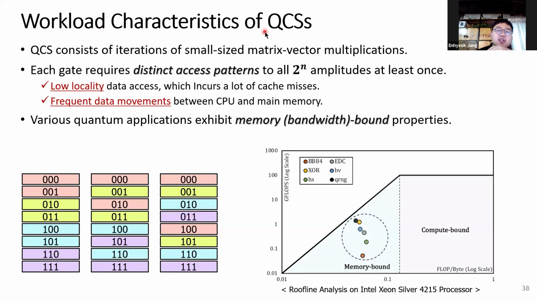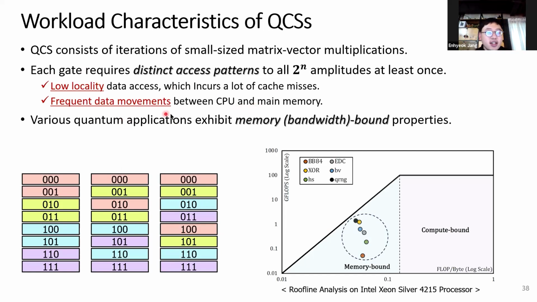Here are the workload characteristics of quantum circuit simulations. Each gate in the simulation requires a very distinct access pattern like this for all 2 to the power of n amplitudes at least once, which means it shows very low locality data access. It incurs a lot of cache misses, and there are many data movements between the CPU and main memory because of the low locality.